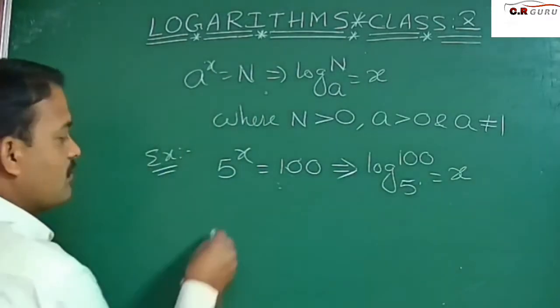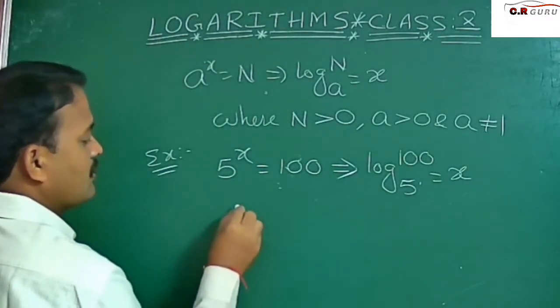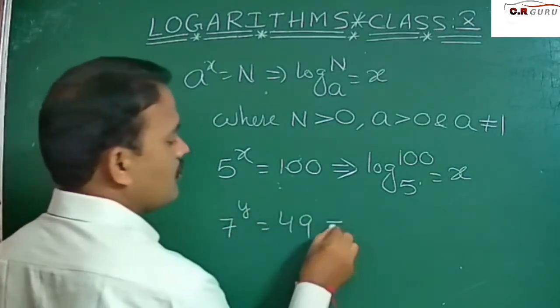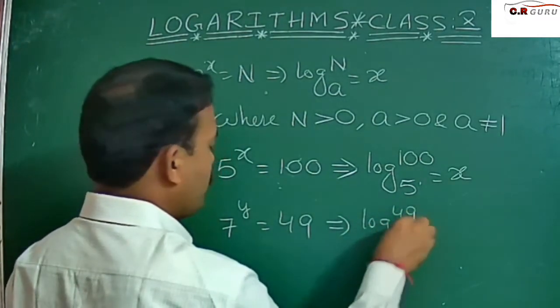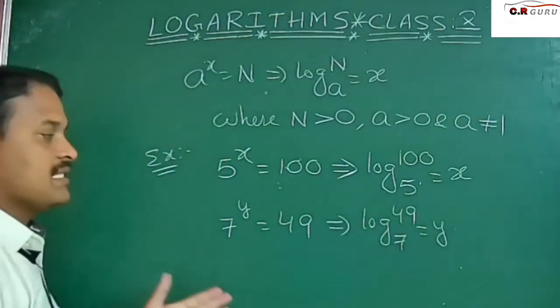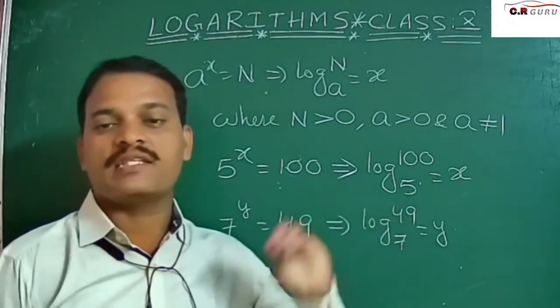Similarly, one more example: suppose 7 to the power of y is equal to 49. How will we convert this? Log of 49 base 7 is equal to y. So this is converting exponential form into logarithmic form.